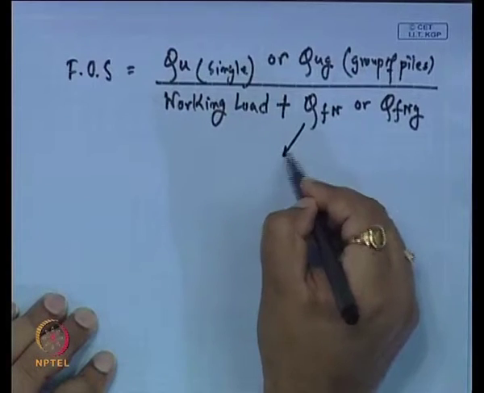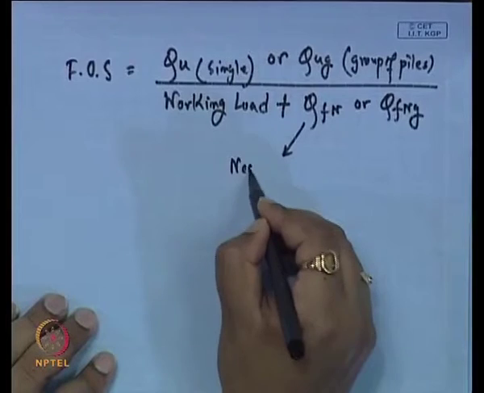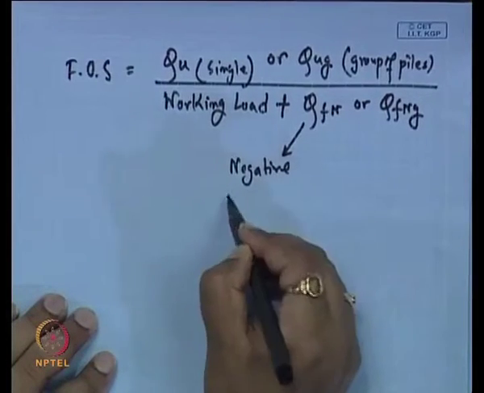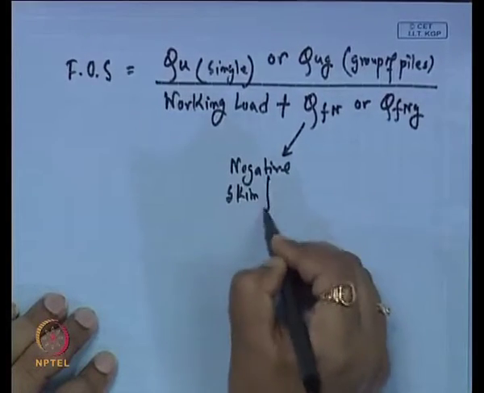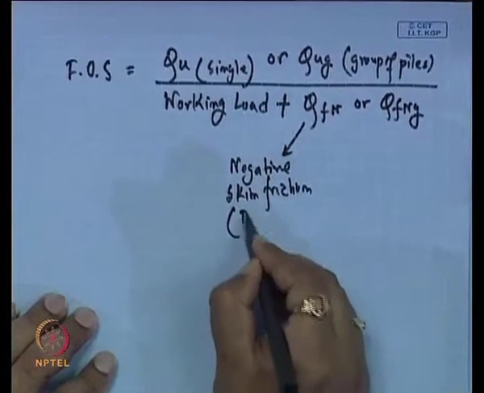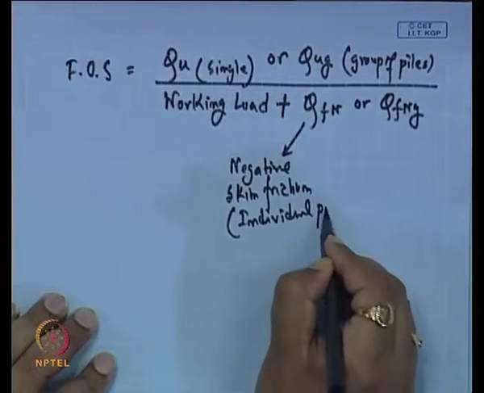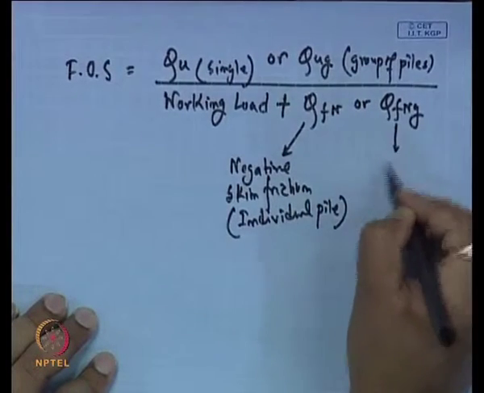So, this is for negative skin friction. This is for the individual pile, and this is for the group.